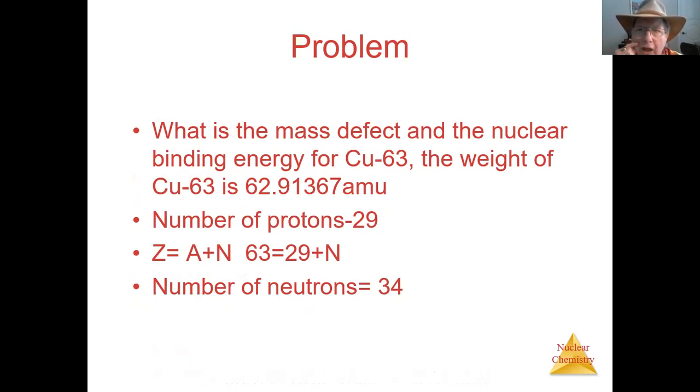You have to understand, if I weigh the individual protons and I weigh the individual neutrons and add them together, I'm going to have more weight than the copper 63 has. That's because some of the weight from the protons and neutrons has been used to keep the nucleus of the copper 63 together. Does that make sense, Manuel?